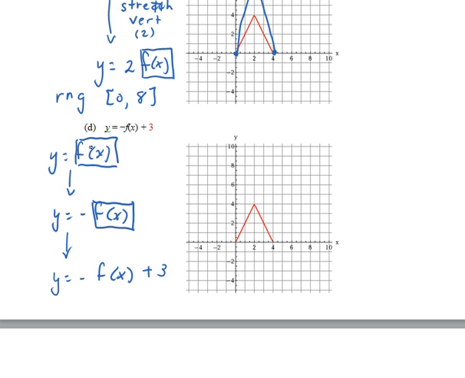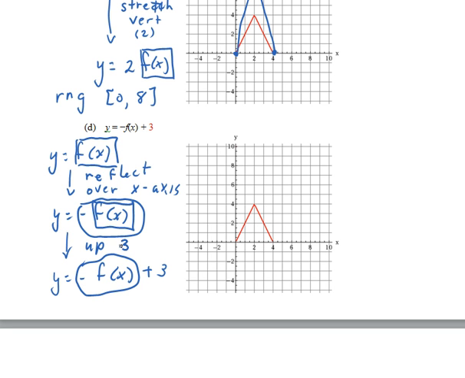They're going to be multiplied by -1, which is going to reflect the curve over the x-axis, and the opposite of f of x is intact from the second to the third function, so we're going to be adding 3 to those y values. That will move our graph up 3 units.